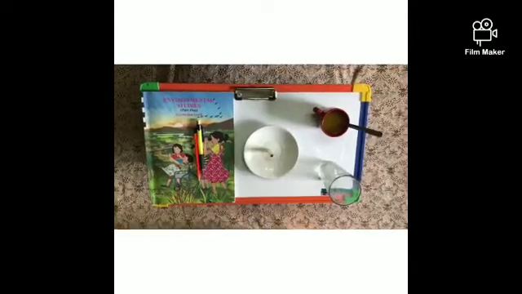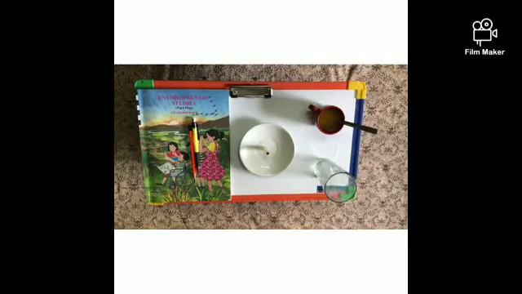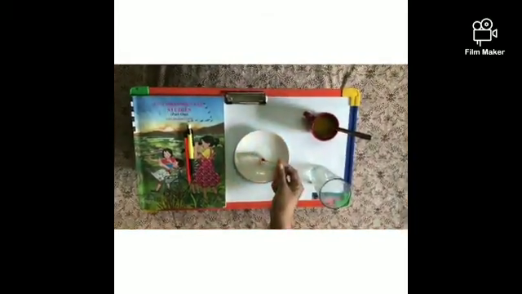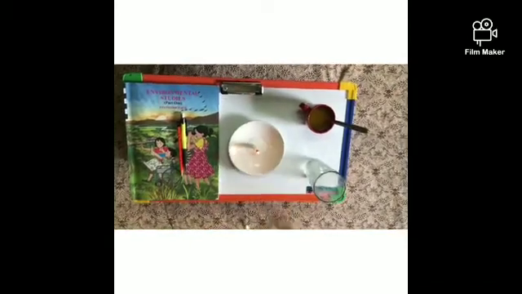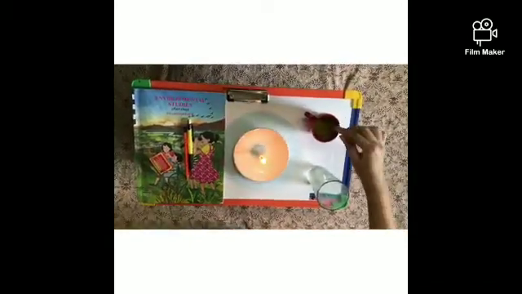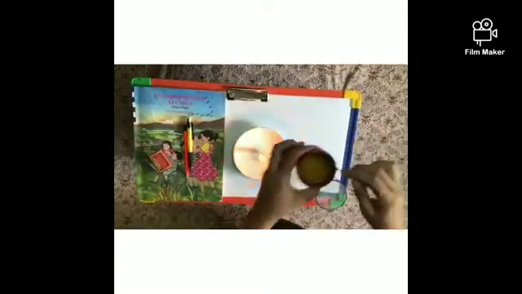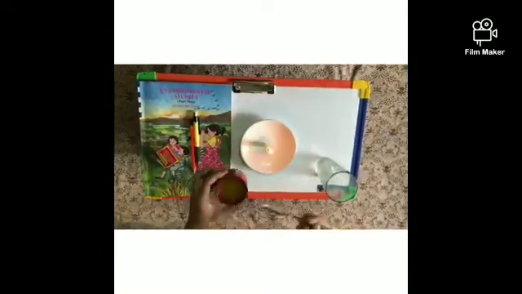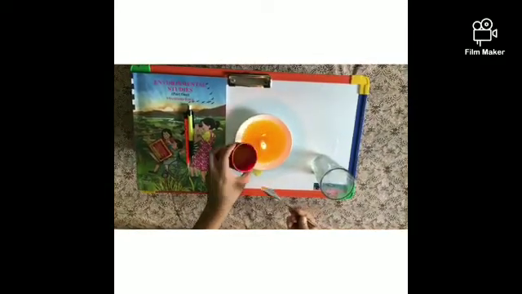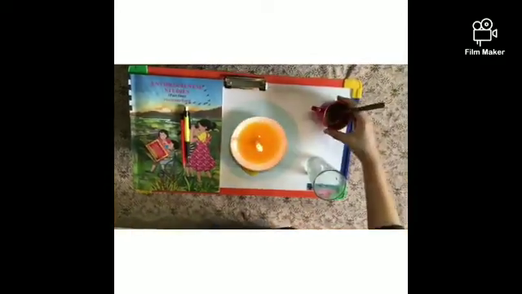Now let's try another activity. Take a slightly deep dish like a saucer. Stand a candle in the center and light the candle. Fill the dish with water. Now here I have colored the water. Fill the water in the dish.